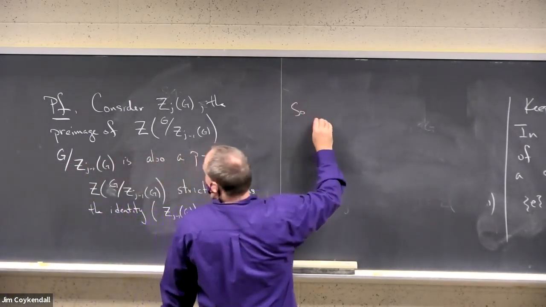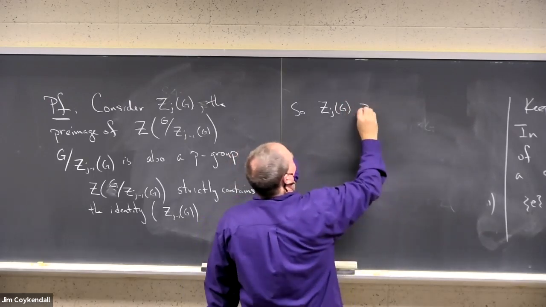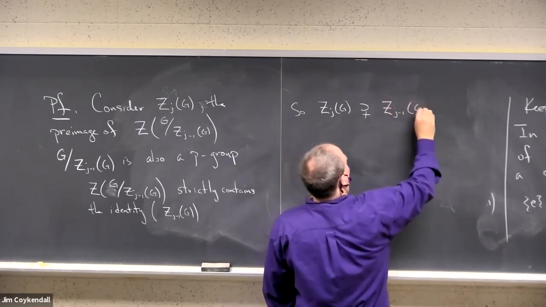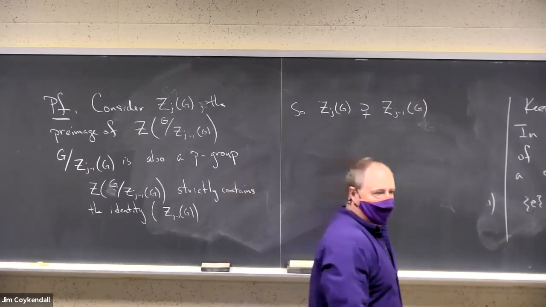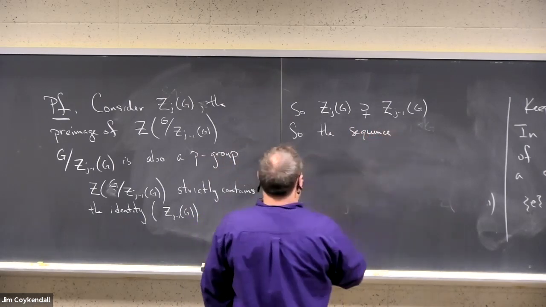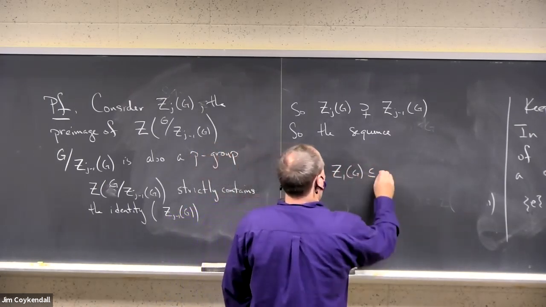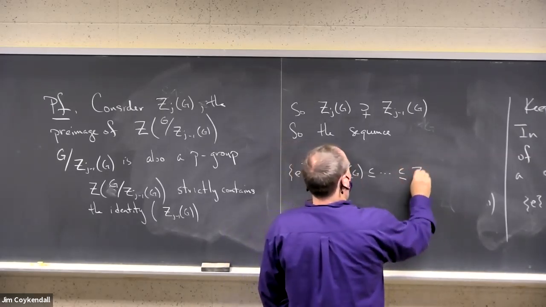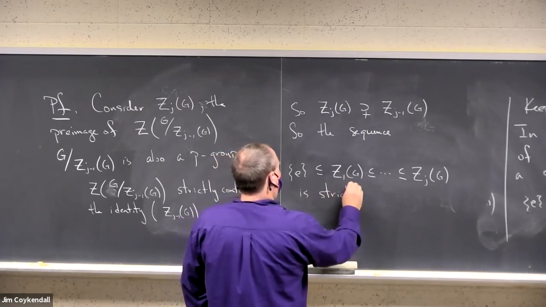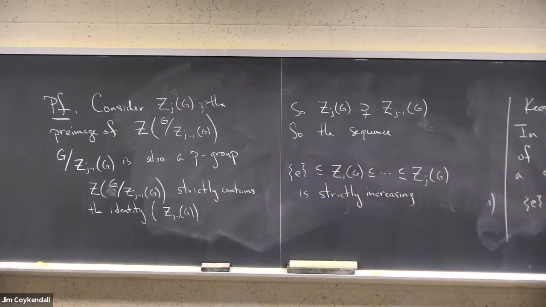So the sequence of these subgroups of G must be strictly increasing.